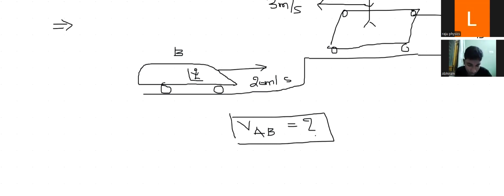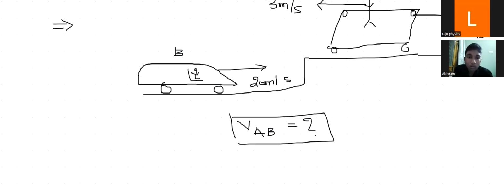27 meters per second, sir. No. How can you take it like that?